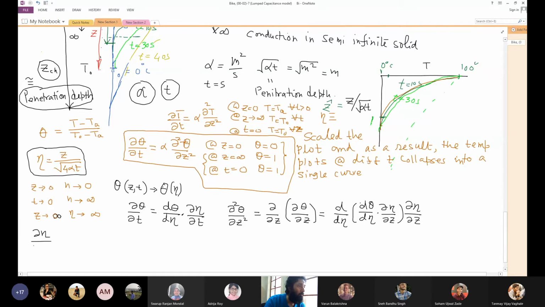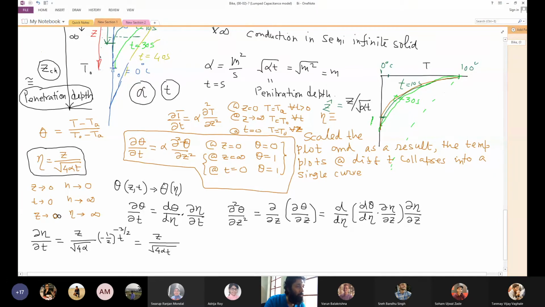Del eta del t equals, with t to the power minus half, so minus half. Watch these steps very carefully, because I don't have this written anywhere, and if I make a small mistake here that will give trouble later.